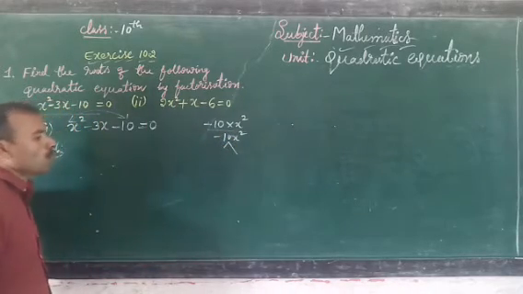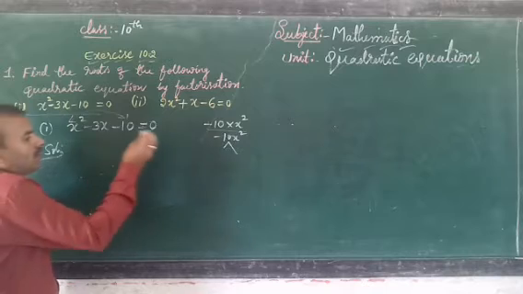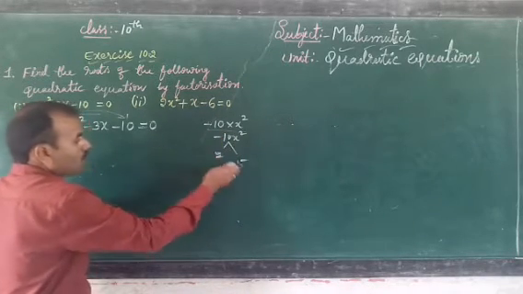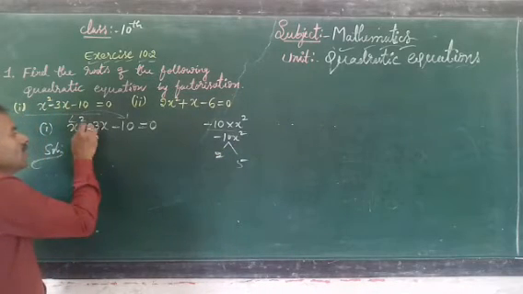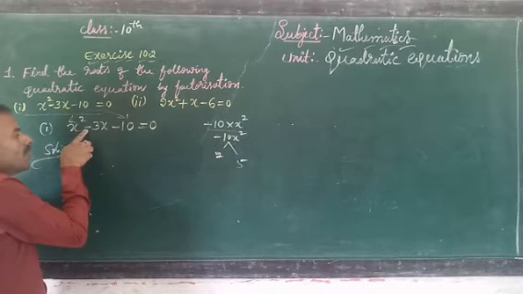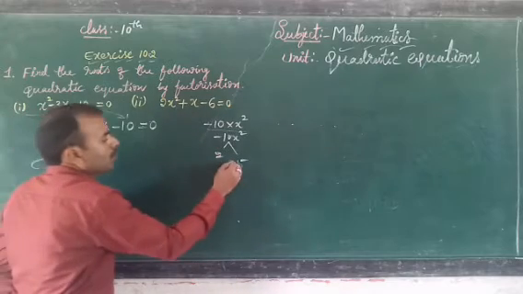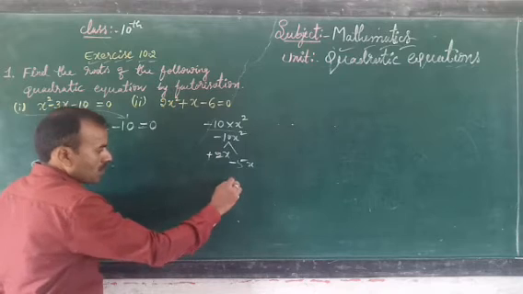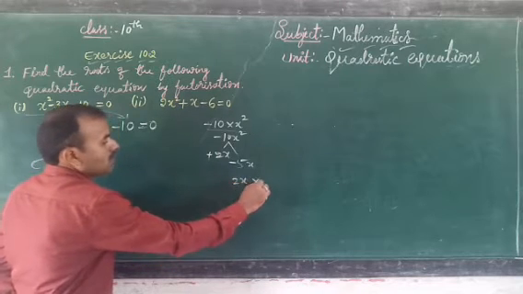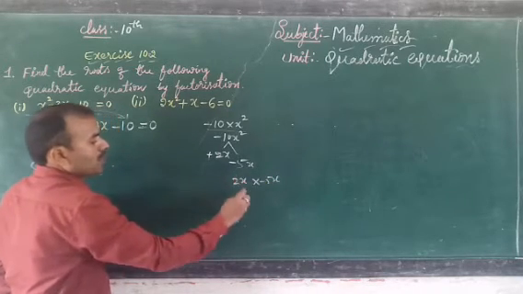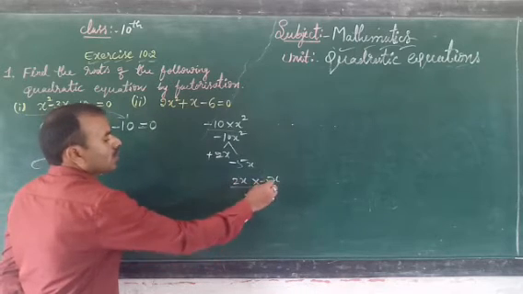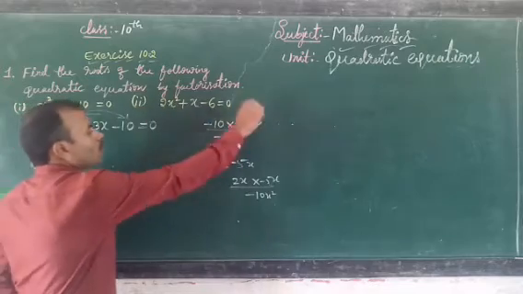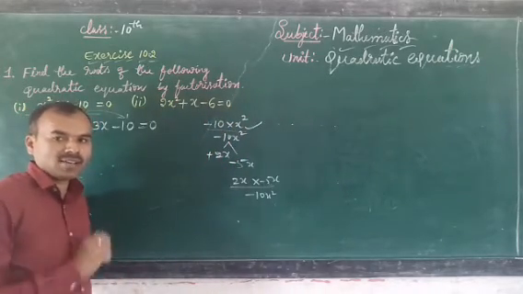Split the product. If we get it, it is 2 and 5. 2 fives are 10. Here minus is there, so take minus for the bigger term, minus 5x and plus 2x. Suppose I take the product 2x into minus 5x, minus into plus, minus, 5 twos are 10x square. We get the product of first term and last term.